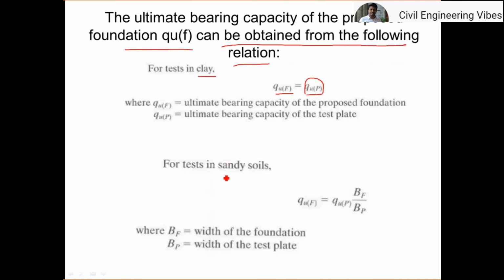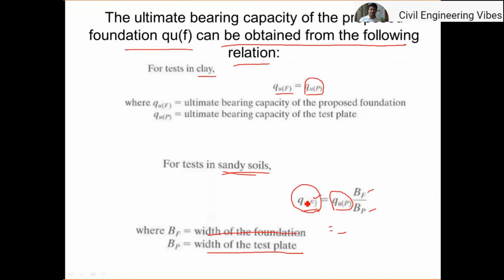If we are conducting the test on sandy soils, then QUF is equal to QUP times BF divided by BP, where BF is the width of the foundation and BP is the width of the test plate. Once we introduce all the values, we get QUF, the ultimate bearing capacity of the foundation in sandy soils. This is one objective, where we find the allowable bearing capacities.